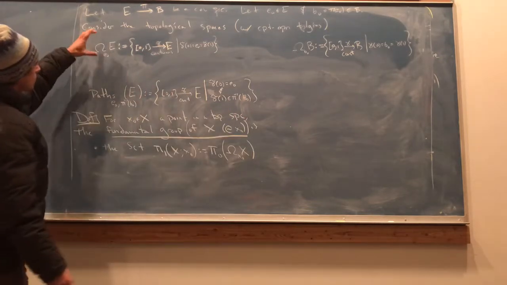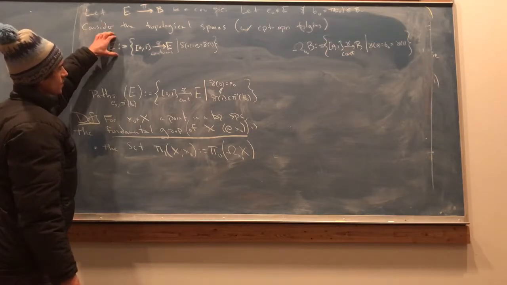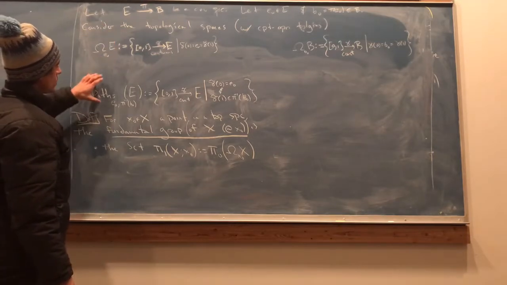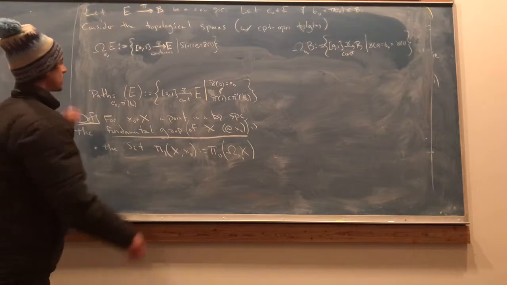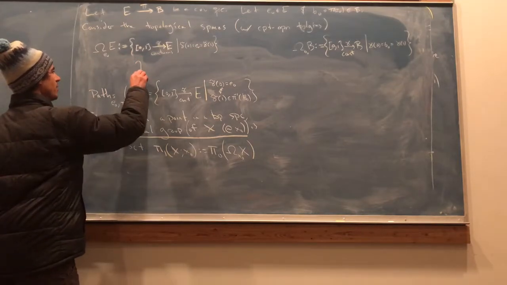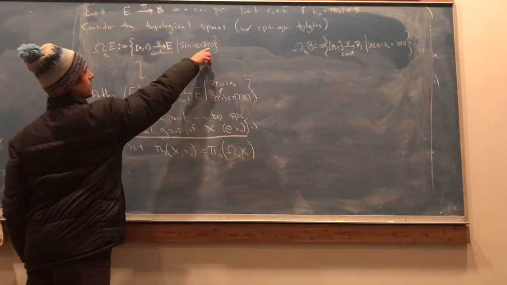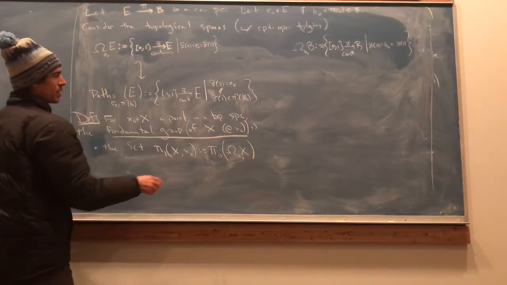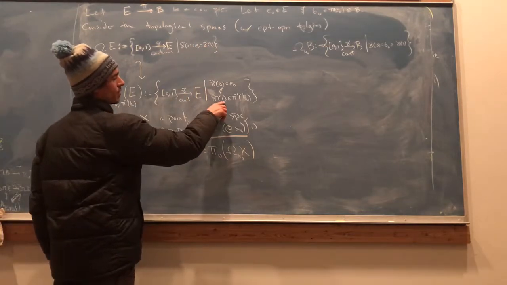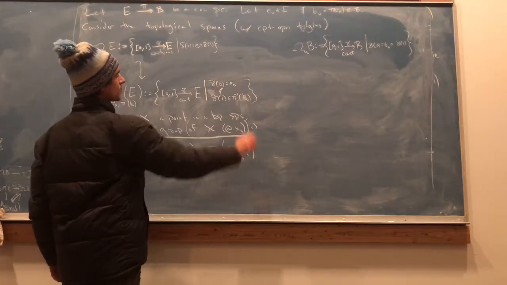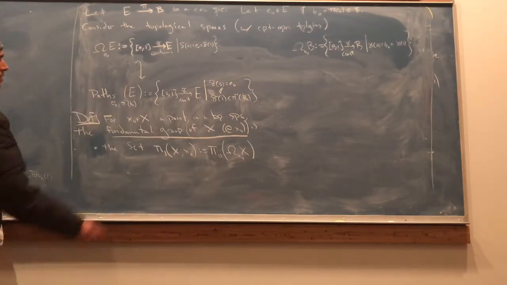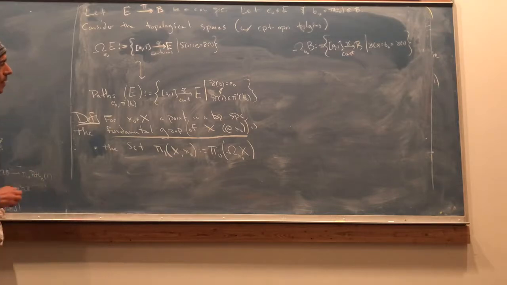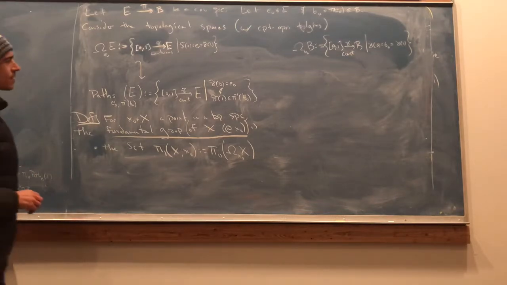In particular, there's this topological space, which is a union of path components of this one. So there's an inclusion, obviously, because the condition that the value at 1 is e naught is weaker than the condition that the value at 1 is in the fiber of b naught. So there's an inclusion of topological spaces like this.